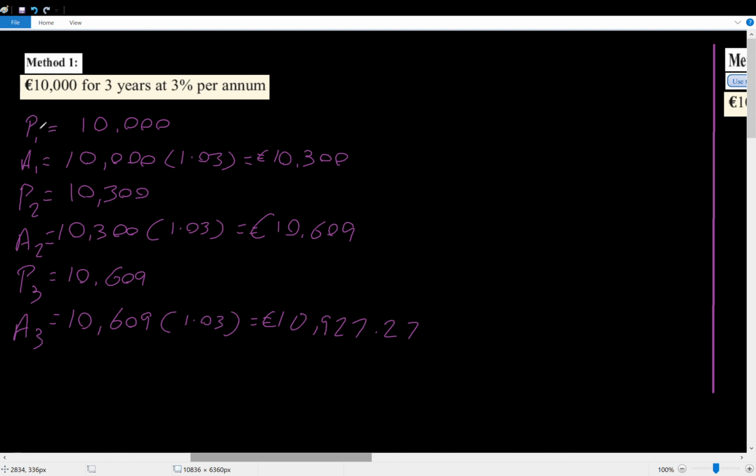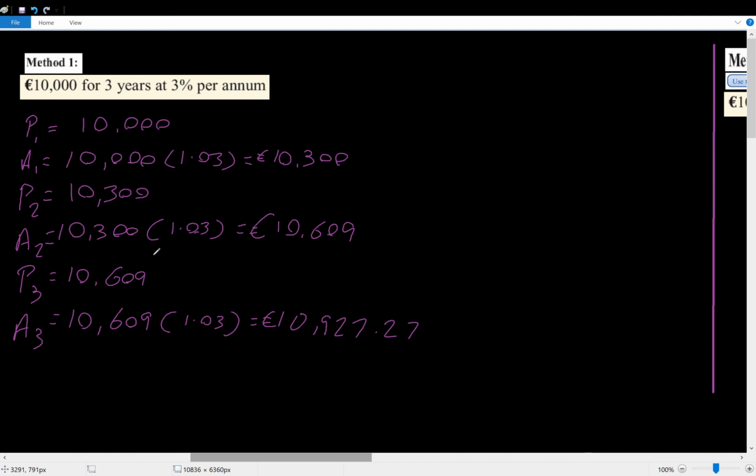So using method 1, we have got our P1, which is the amount at the start of our first year, and our A1, which is the amount at the end of our first year, which we've calculated out. The amount at the end of our first year becomes the amount at the start of our second year, our P2. In order to calculate A2, the amount at the end of our second year, we multiplied our P2 by 1.03 and got 10,609.